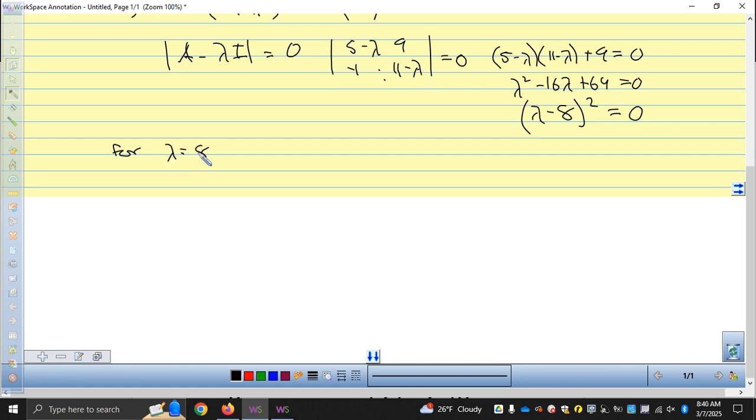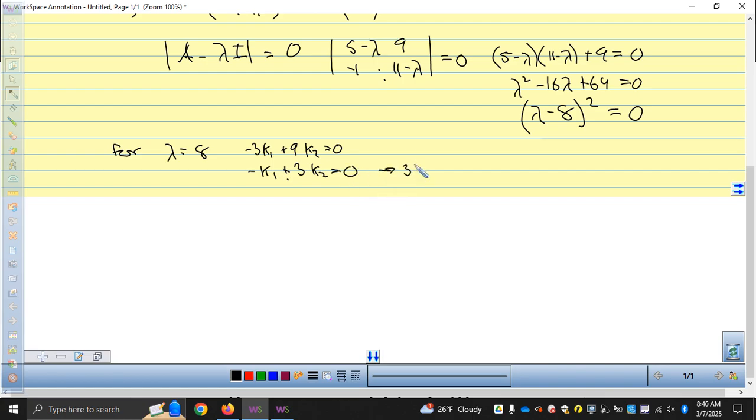So for lambda equals 8, when we substitute in here, we get negative 3 k1 plus 9 k2 equals 0, and minus k1 plus 3 k2 equals 0. Those are both the same equation.